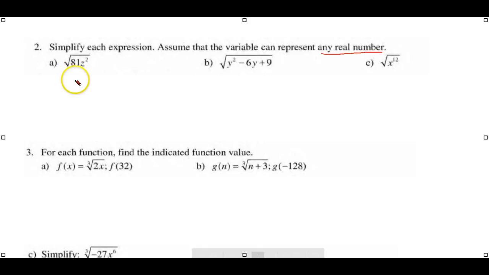Now the answer that they give below is 9. And then for z they have put absolute value signs, because that z could have been a negative and a negative to give you the positive. And I would think too that the 81 could have been a negative 9. So this is the answer.